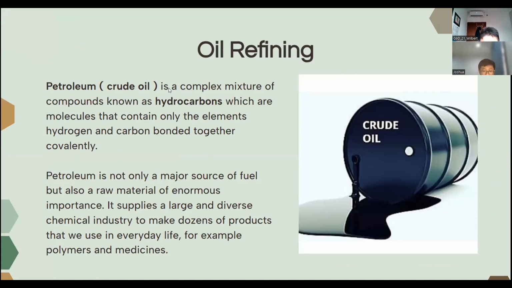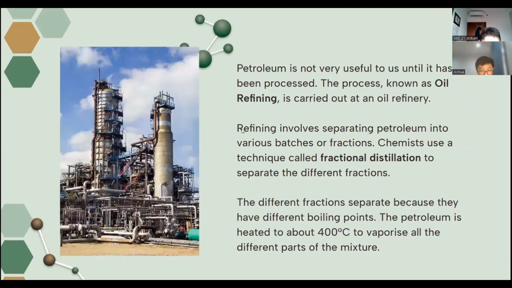Petroleum is not only a major source of fuel, but also a raw material of enormous importance. It supplies a large and diverse chemical industry to make dozens of products that we use in everyday life. For example, oil refining creates polymers and medicines.